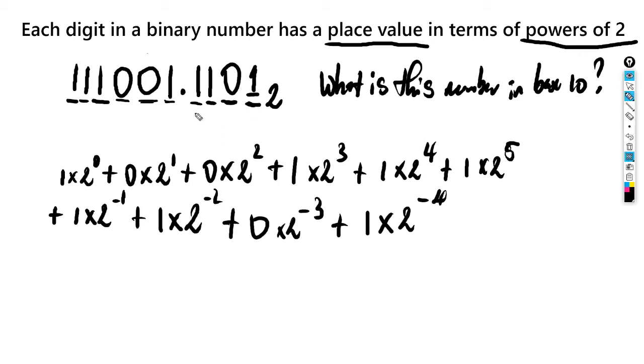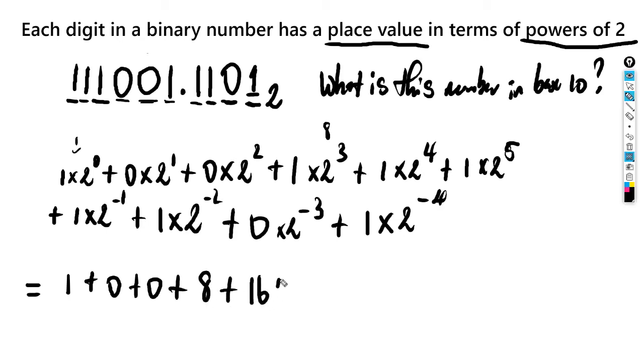And this part is also the same example we did earlier. So this would be 1 plus 0 plus 0 plus 2 to the 3, which is 8.